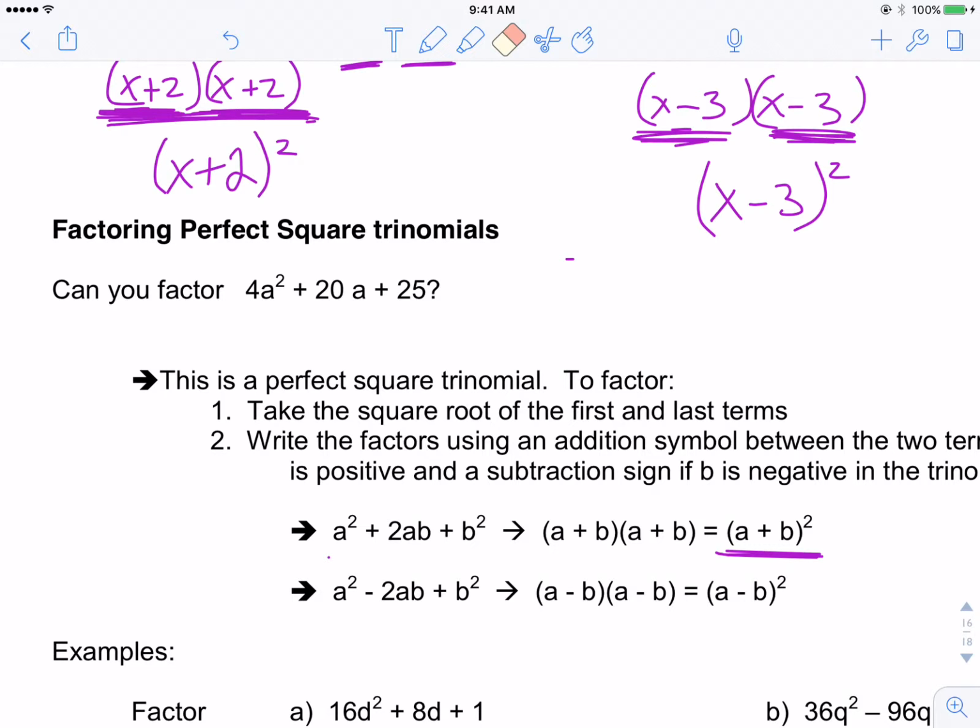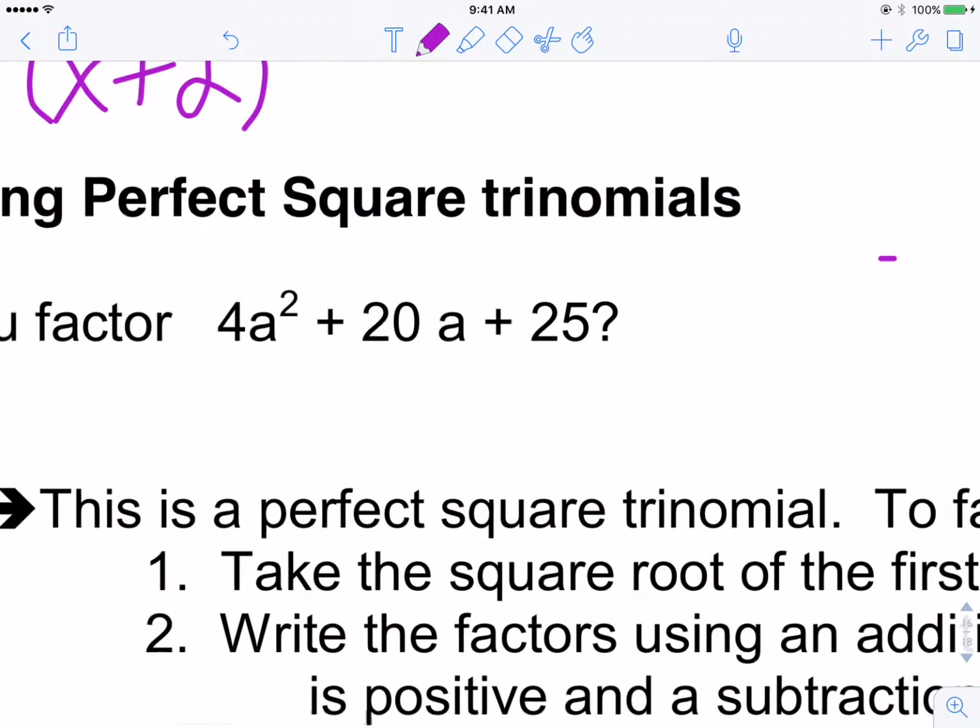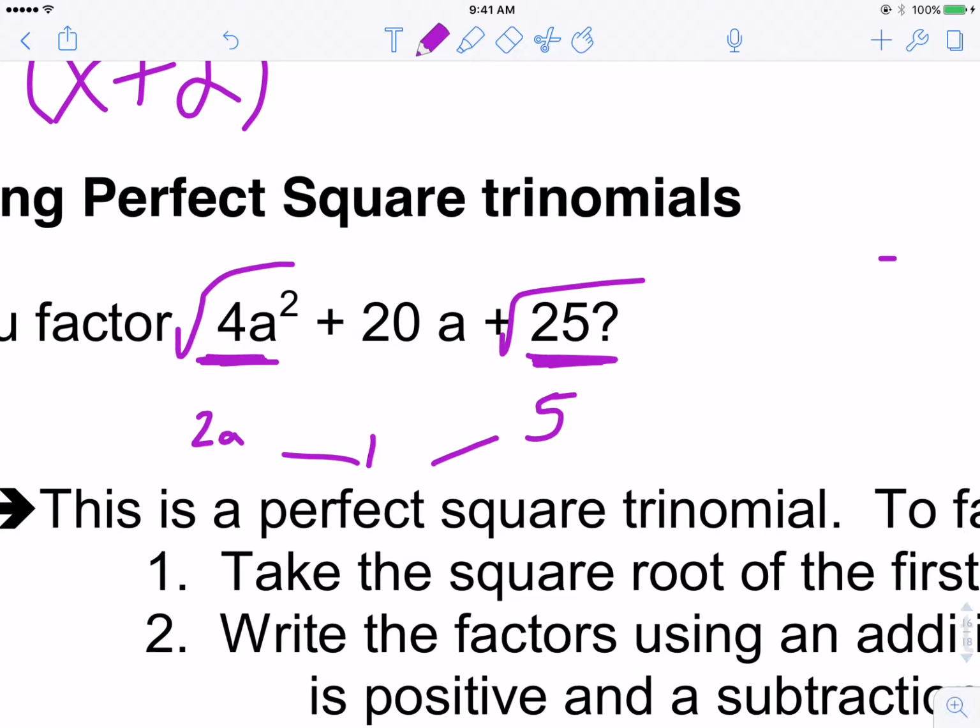Well, this first term I could take the square root of, and this last term I could also take the square root of. If I took the square root of both of those, 2a and 5, and multiplied them by each other, 10a, and then multiplied by 2, I would get 20a. That's how I know it's a perfect square trinomial.